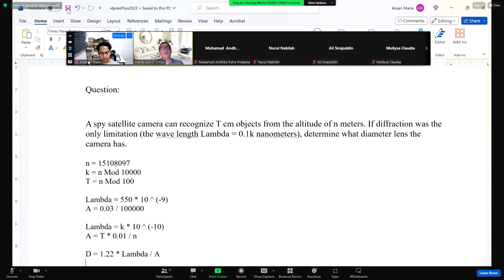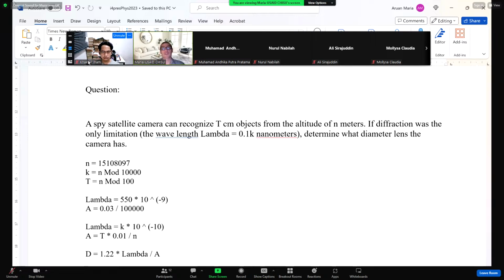Well, because the altitude is about 22 million meters, but the object is only T centimeters, maybe like 25 centimeters, the object is very, very small compared to the height of the satellite, right? So if this is the case, then the angle is approximately equal to the sine of the angle, and approximately equal to the tangent of the angle, right? And we can calculate tangent and sine by dividing the object size by the height of the satellite.